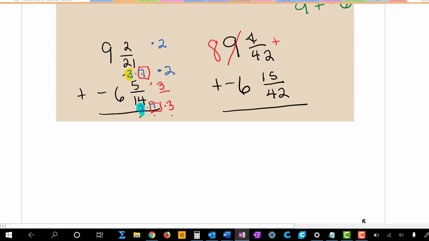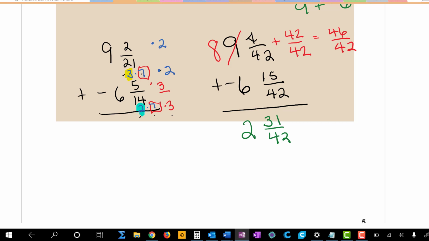We're going to add that 1 whole as 42 over 42, which gives us 46 over 42. So now I can subtract. 8 minus 6 is 2, and 46 minus 15 is 31. And we end up with 2 and 31 over 42. And it is positive because we had more positives than negatives.